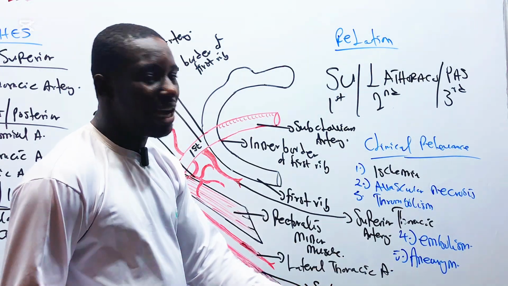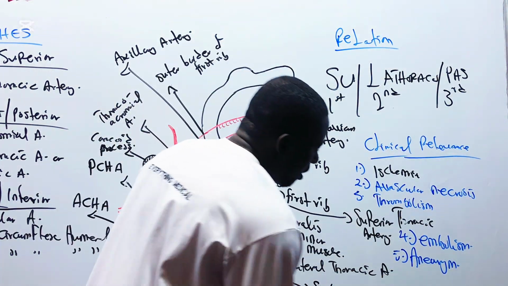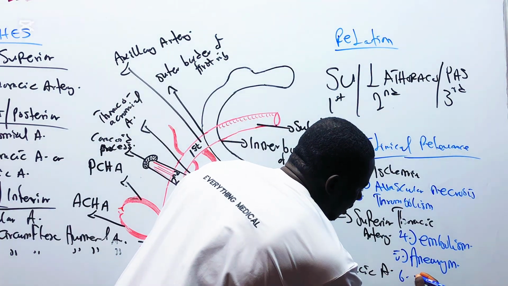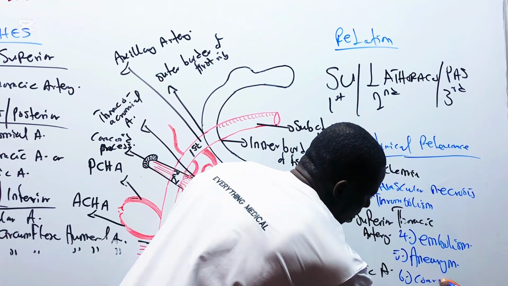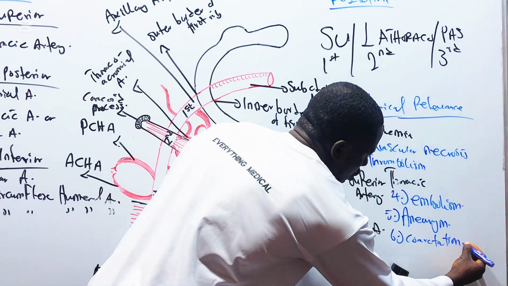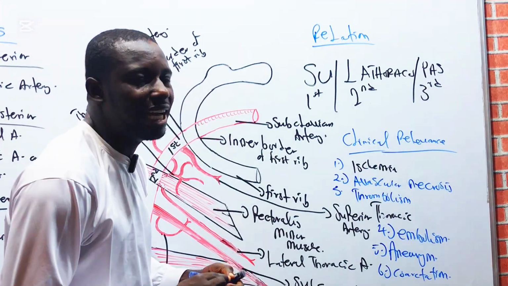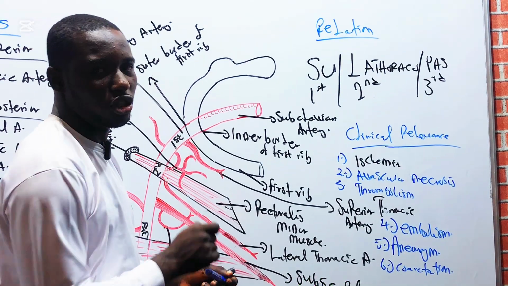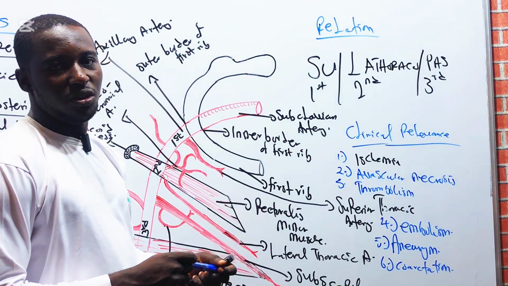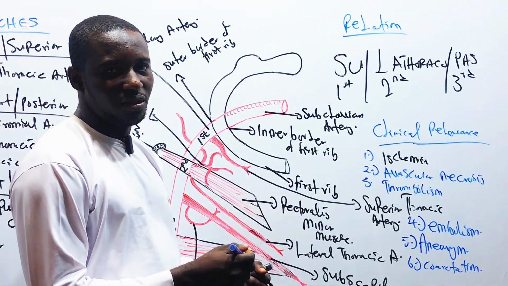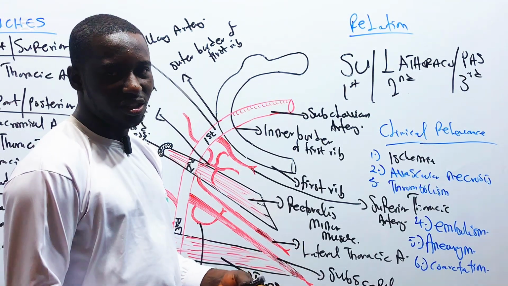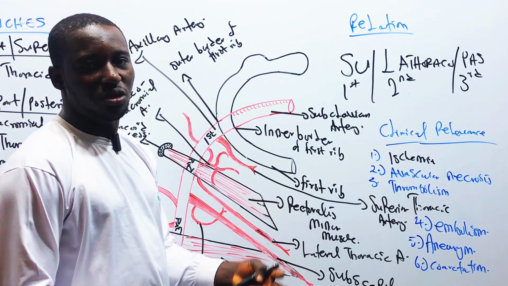So it is known as what? Aneurysm. Okay. Now number six is coarctation. Yes, there could be tightening of a particular region in the blood vessel wall, that is in the axillary artery. Those are clinical conditions that are associated with it.